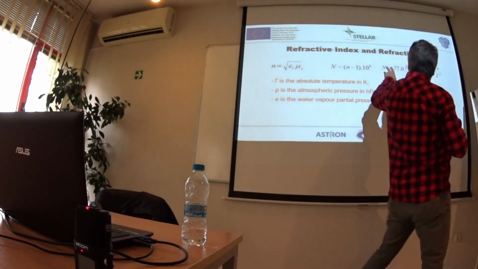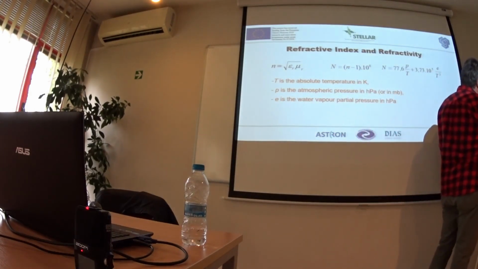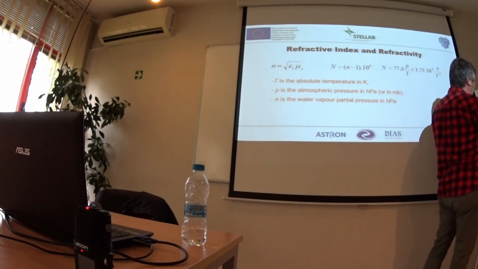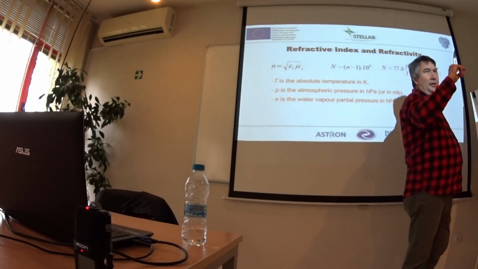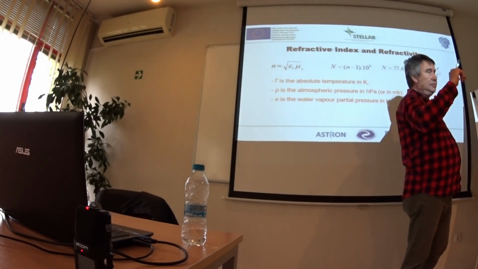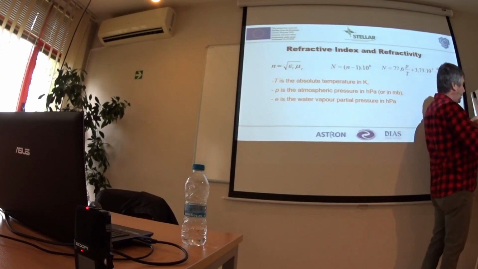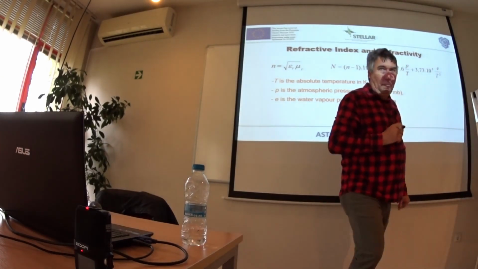So we have the troposphere divided into very thin layers. Here in the first layer we have refractivity N1, in the second layer N2, N3, etc.